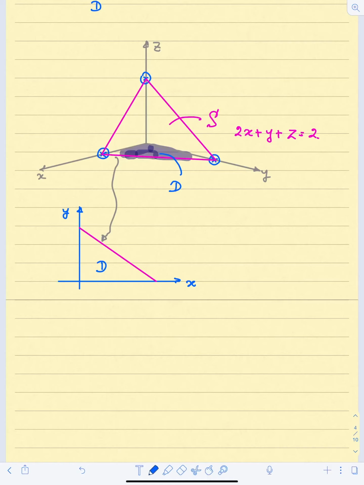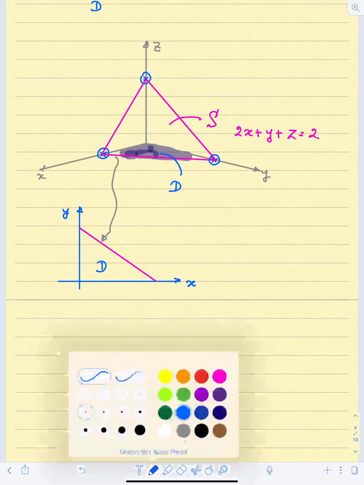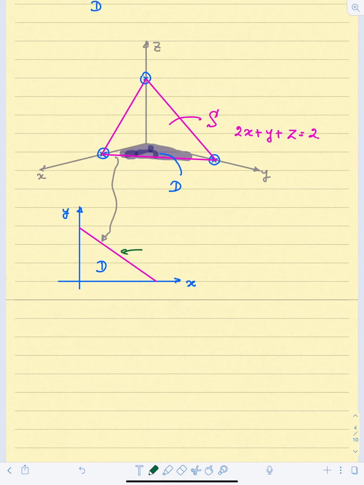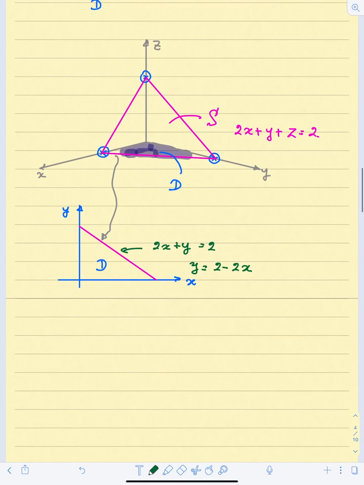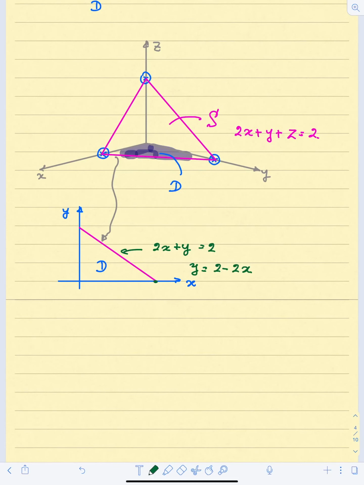Therefore this line should be 2x plus y equals 2. If you want, you can solve for y, then y equals 2 minus 2x. The x-intercept is 1 and the y-intercept should be 2.